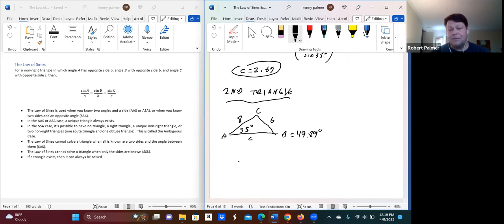Now we already know B, so let's find angle C for this triangle. And of course, once again, that's going to be 180 minus the sum of the other two. So 35 plus 49.89.